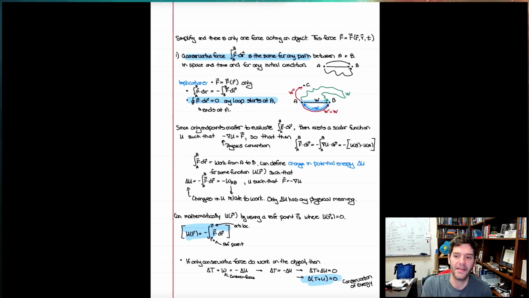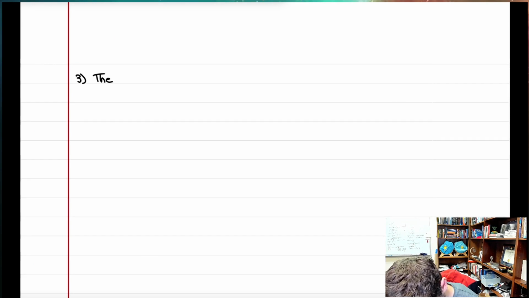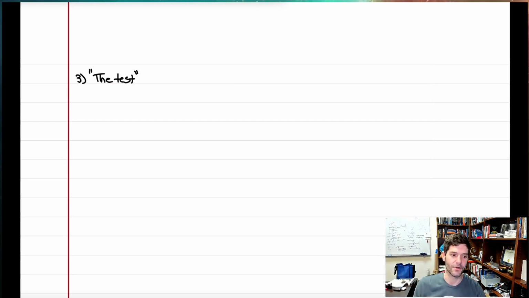Is there a test I can write down that would immediately allow me to say that no matter what path I take, it's going to be independent in terms of evaluating the work? Spoilers, yes, there is. So the last statement of all of this is the test of how you can determine whether or not your force is a conservative force.